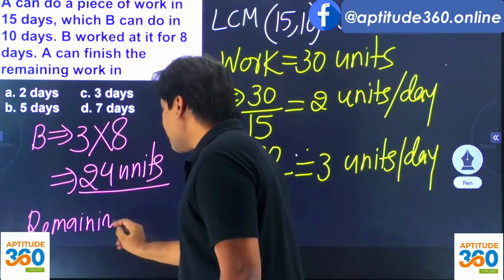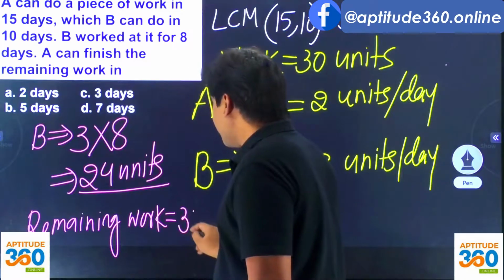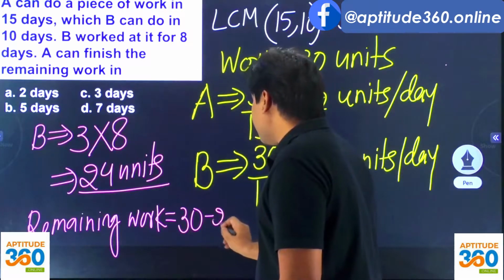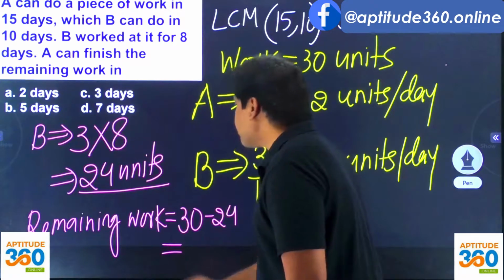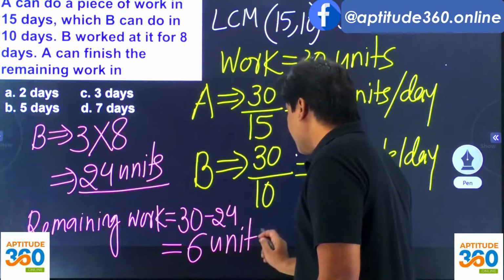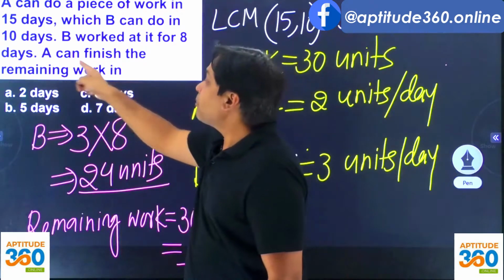भाई काम जितना बचा पहले उतना भी तो देखेंगे. So the entire work that we had taken was 30 units, and 24 units B has already completed in 8 days. So the units that we are left with is 6 units. And as per the problem, who is going to be completing the remaining work?